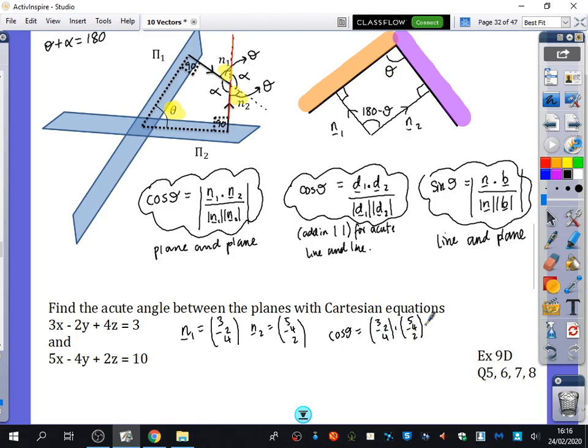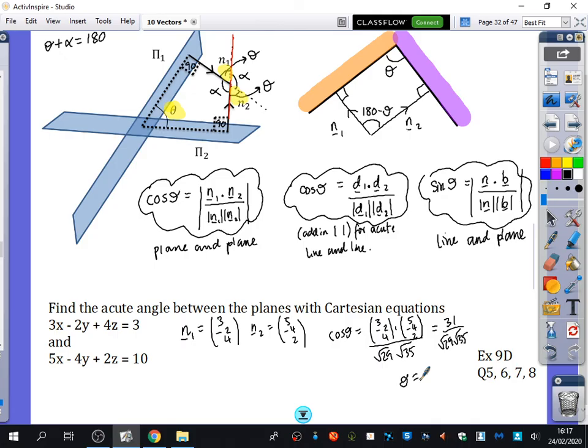And I'm going to take the modulus out, but actually I don't need to take the modulus because I can see I'm not going to have a negative. What's that? Root 29 and root 25, 31, 35, root 35. So the numerator is 15 plus 8 plus 8, so it's 31 over root 29 root 35. And so theta is whatever it is.